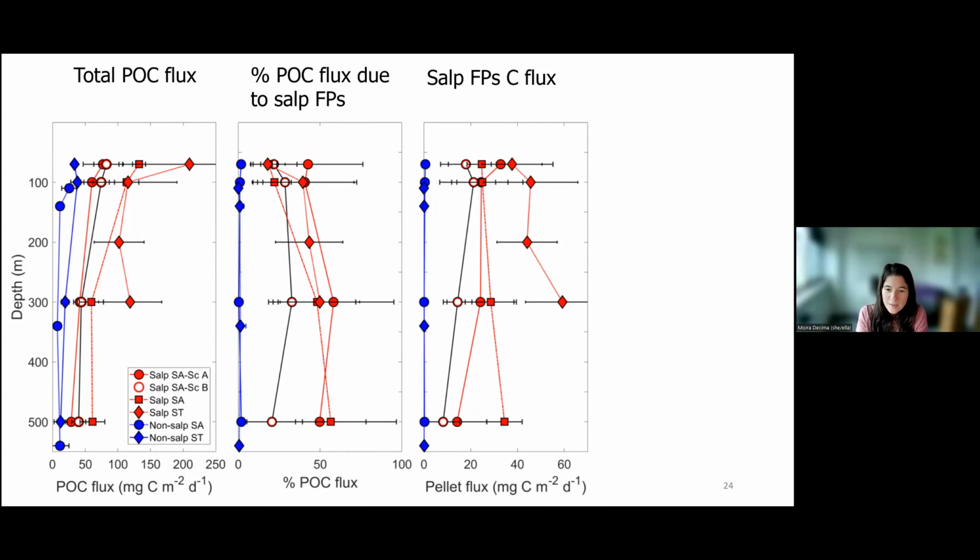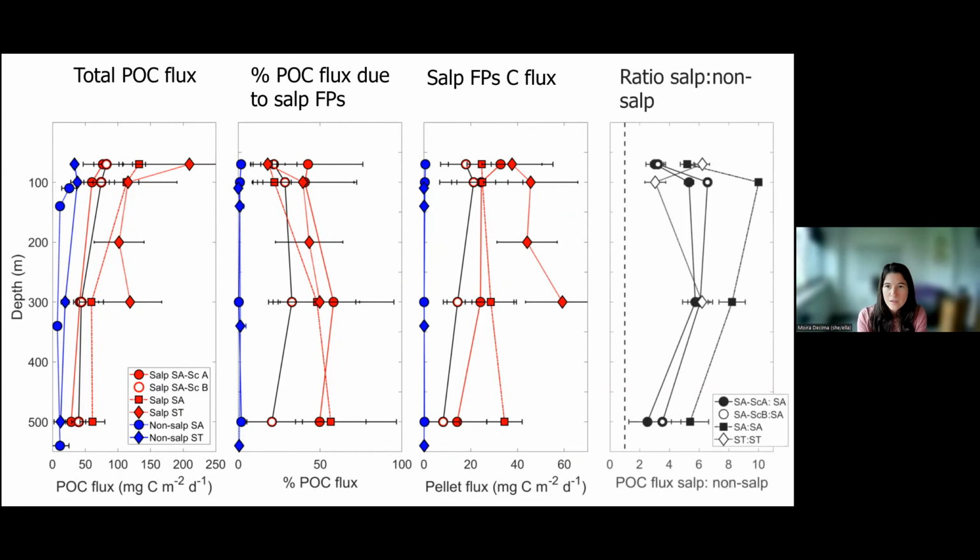But the reason we designed this with a Salp and a non-Salp location, as a control, was to be able to have a different estimate that's not quite so conservative, taking into account all the pellets and all the other aggregation and other impacts that their fecal pellets might be having. When we compare the flux from Salp locations to non-Salp locations, we get that the increase in carbon flux when we have Salps ranges between 2 to 8-fold. So on average, Salps are increasing carbon export flux by about 5-fold.